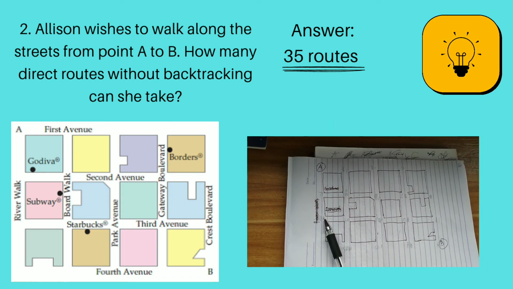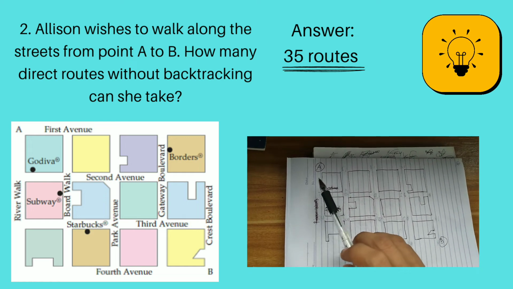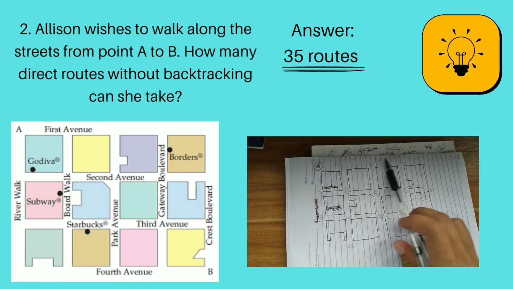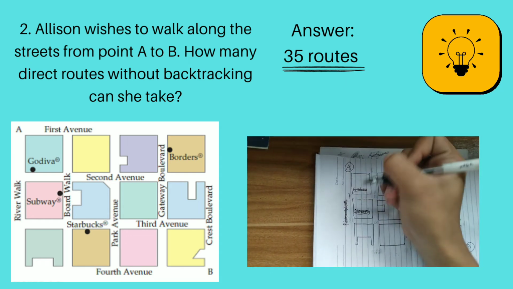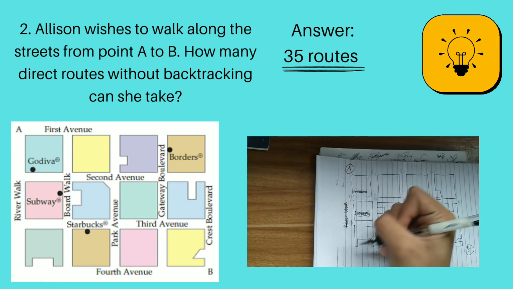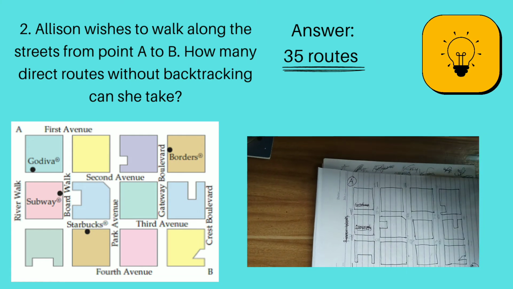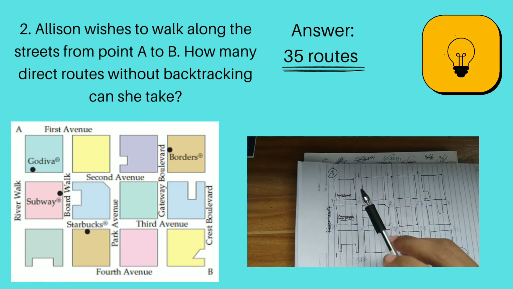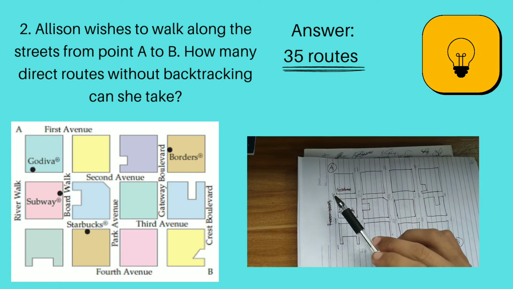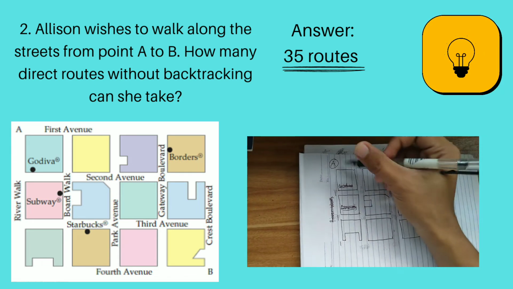So again, let's apply the Pascal's triangle. The ones on the edges, which is the side here, and here, is 1. So after we put 1, we add the 2 nearest numbers above, which is 1 plus 1 is equal to 2.